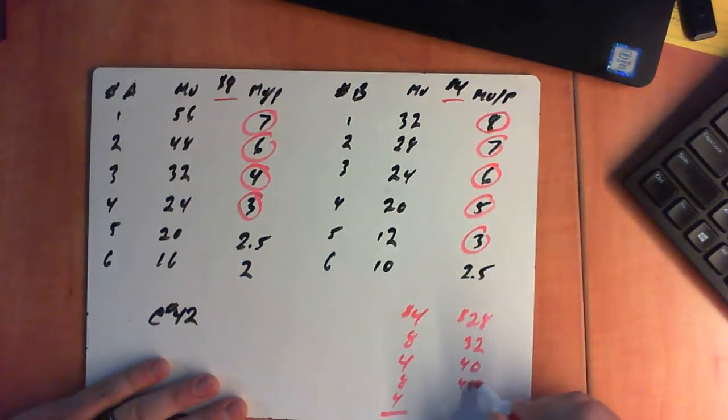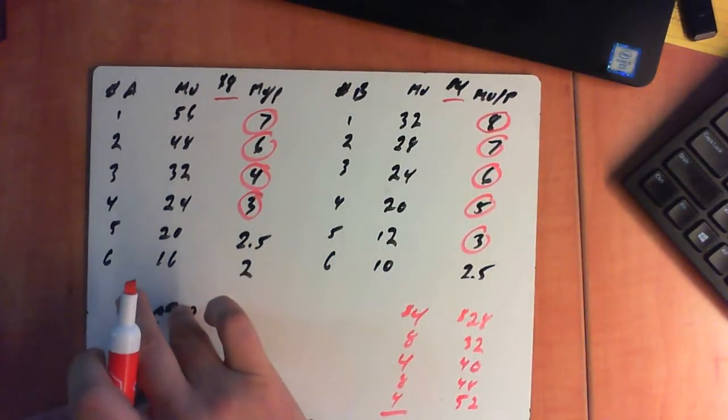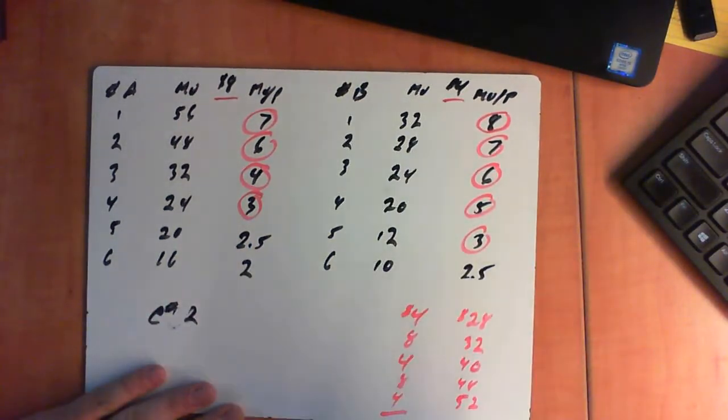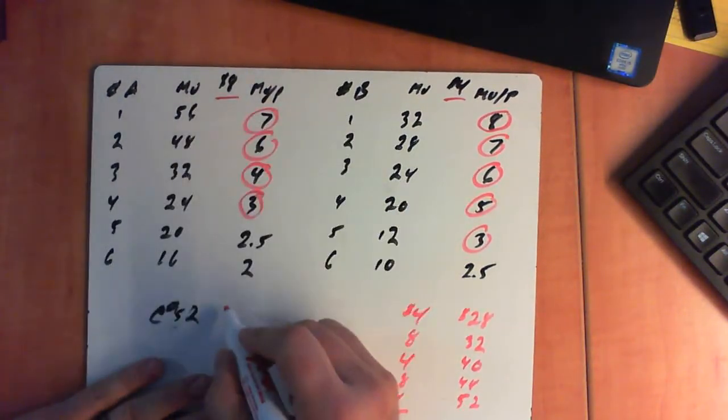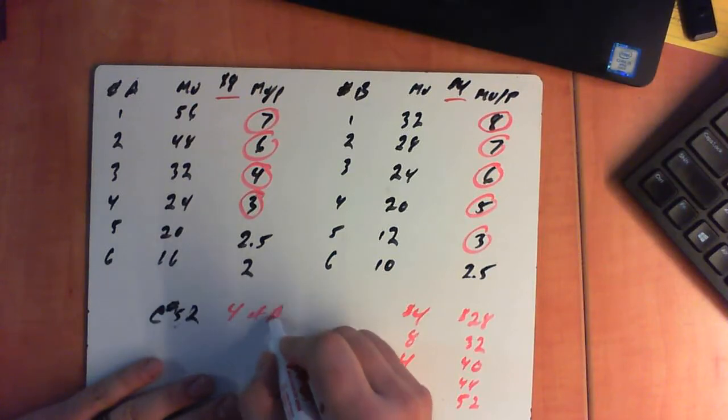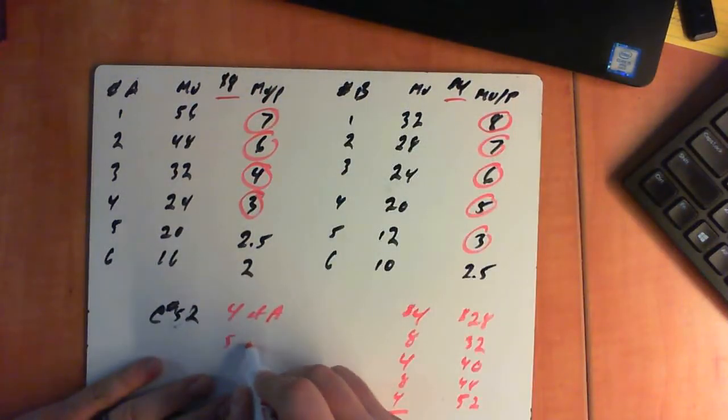So we have $48 and then $52. So with $52 to spend, he would buy 4 of A and 5 of B.